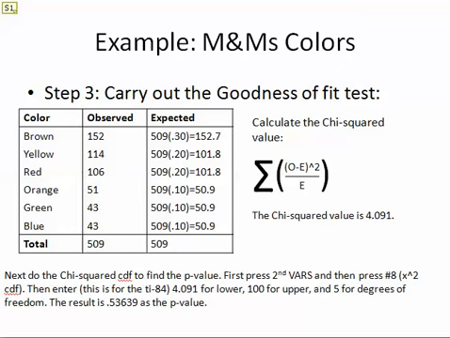Then enter 4.091 for lower, 100 for upper, and 5 for degrees of freedom. The result is 0.53639 as the p-value.